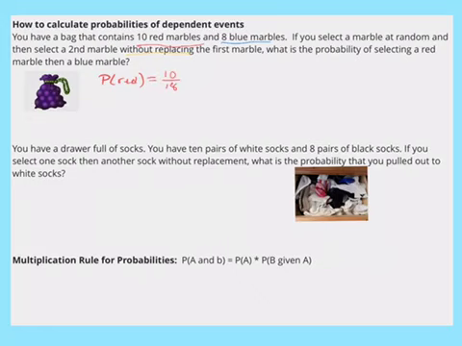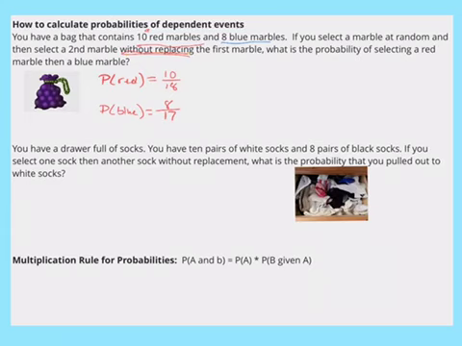And then after I take out that red marble, I'm down to a total of 17 marbles, and I'm missing one of the reds. So I only have 9 reds once I take that out because I'm not replacing it. So the probability of pulling out a blue on my next pull will be, I still have 8 blues, so 8 out of 17 marbles.